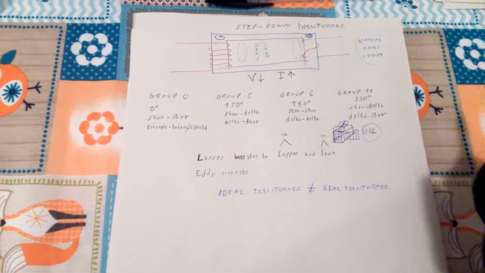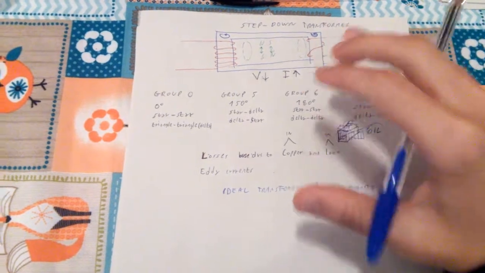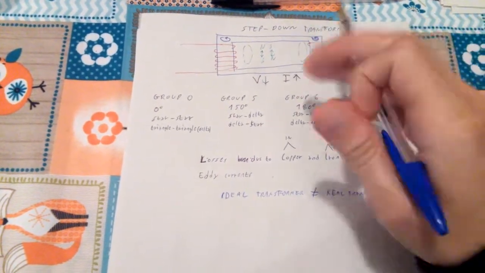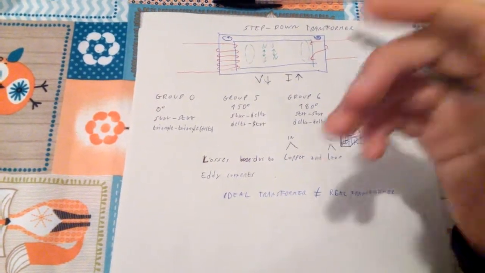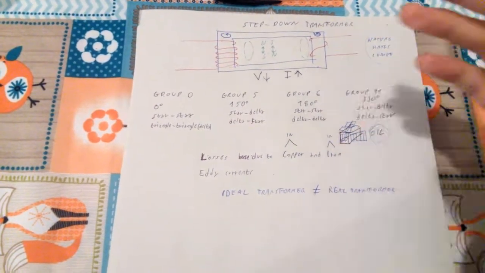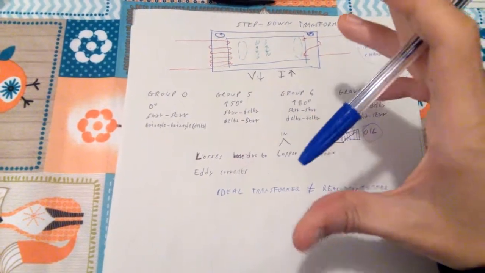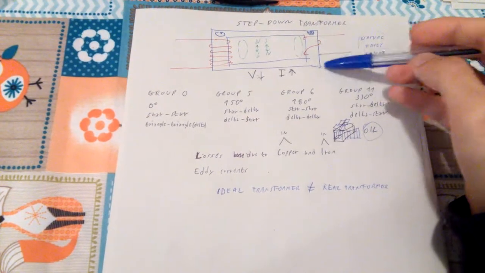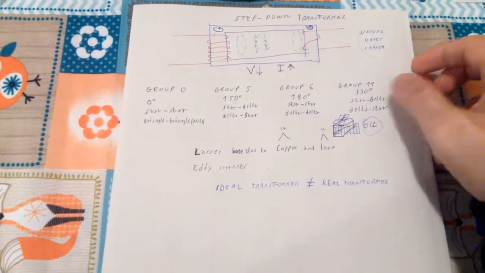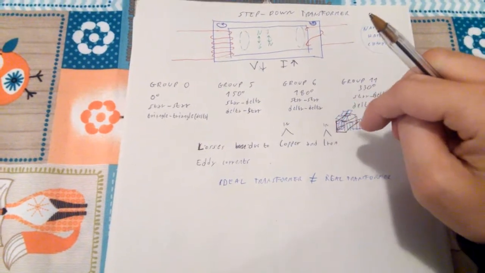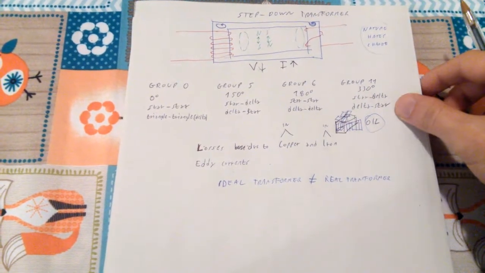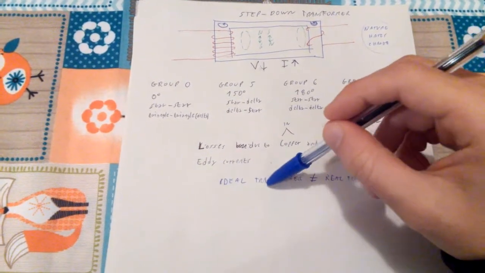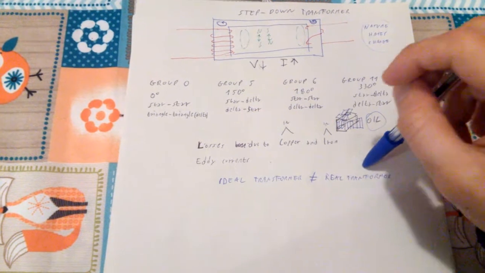So that's another thing to keep in mind. I'm not going to say coupled, but it's not perfect. Just keep in mind that it's not going to perfectly affect the flow of current in here, and there are many different reasons why. So yeah, keep in mind that ideal transformers are way different from real transformers.